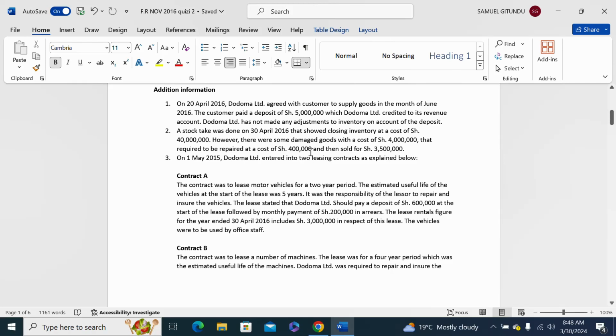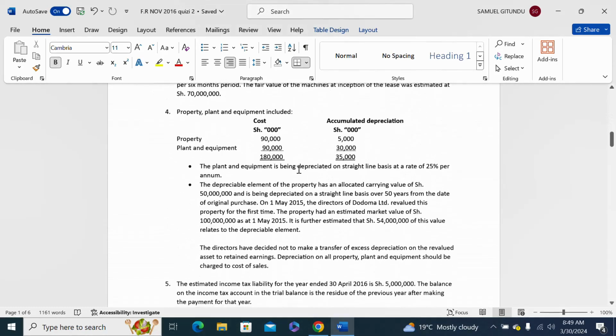Therefore, we are going to find the net realizable value. We compare it with the cost, and whichever is lower, we are going to take that as the value of the closing inventory of these damaged goods.